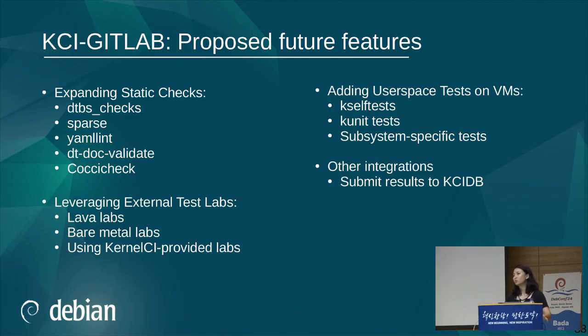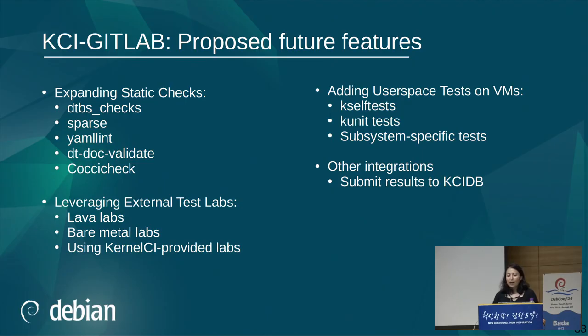Anyone who wants to submit a patch and other labs are welcome. And also, we could use the KernelCI provided labs. KernelCI is another project, and one of the parts of the project intends to be a hub of labs. So instead of the CI being aware of how to connect to different labs, it just connects to KernelCI, and KernelCI connects to all those different labs.